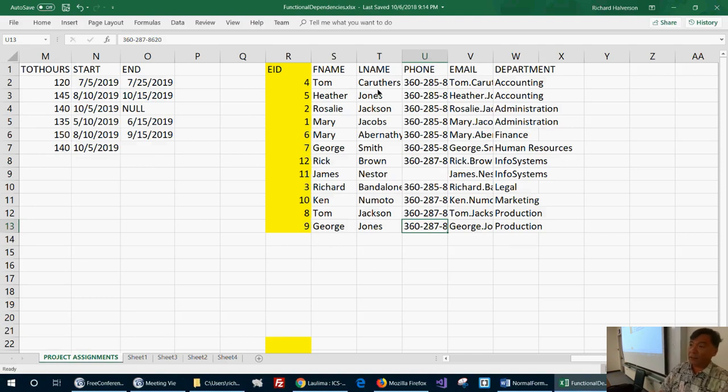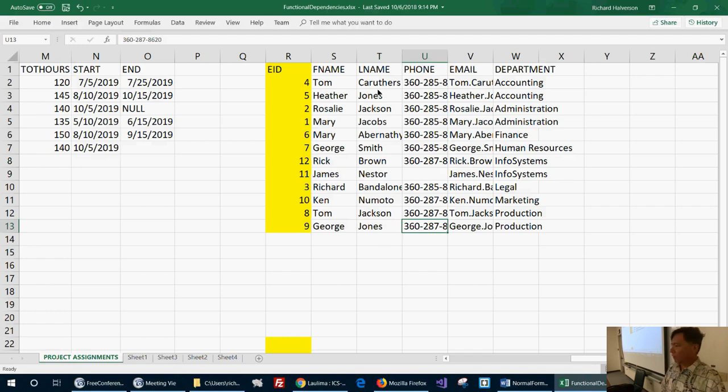In fact, any table in first normal form that only has a single attribute as a key is automatically in second normal form. It's only when a table has a composite key that we even have to worry about whether it's in second normal form.